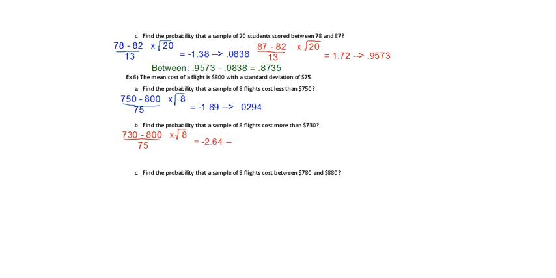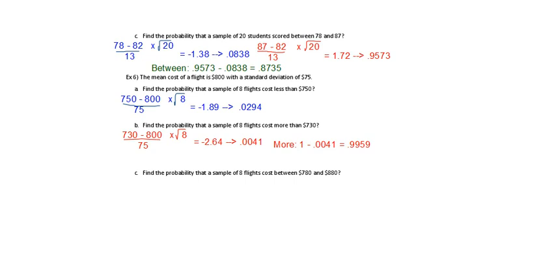And if you look up negative 2.64 on the chart, the probability is 0.0041. But don't forget, in this example, the key word is more. And more means subtract from 1. So 1 minus 0.0041, which is equal to 0.9959. So that's it for that.